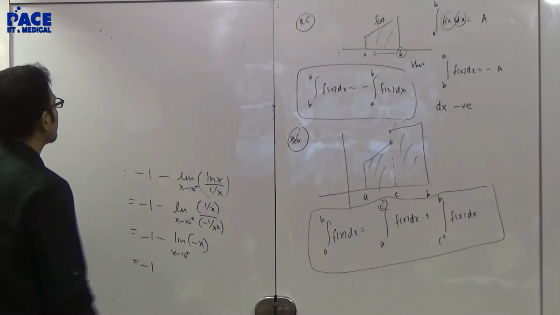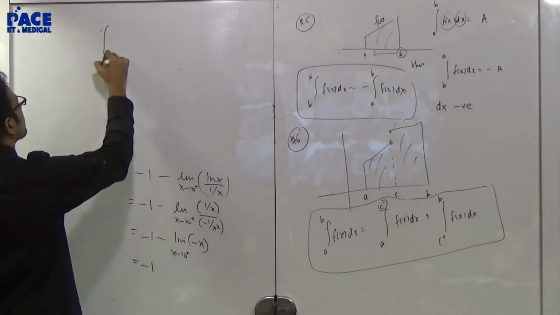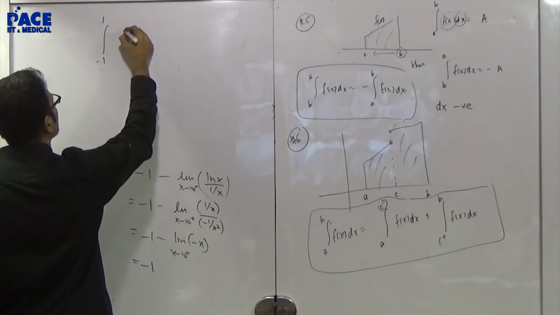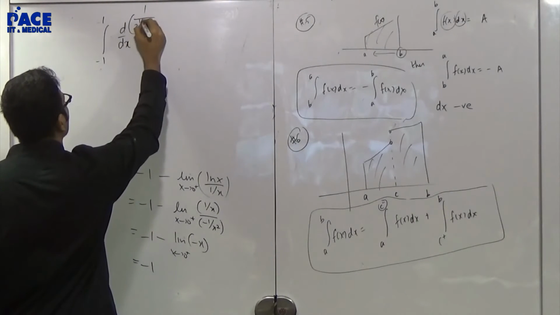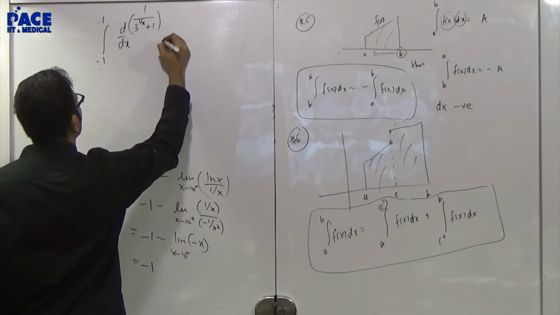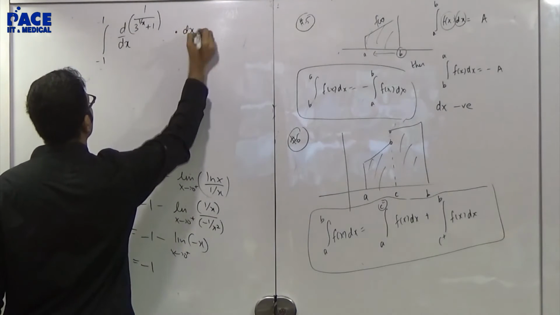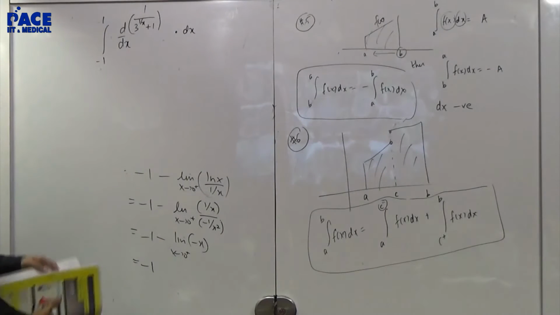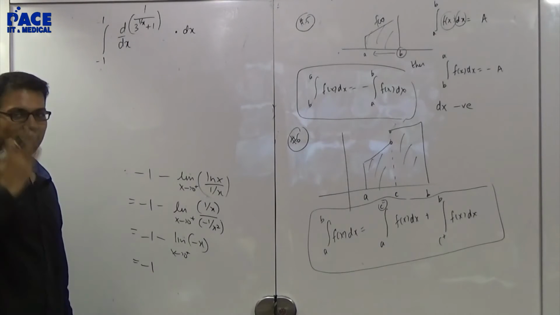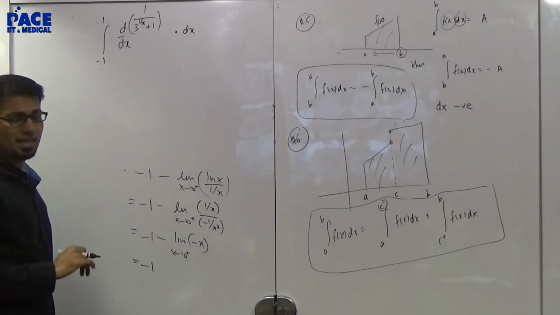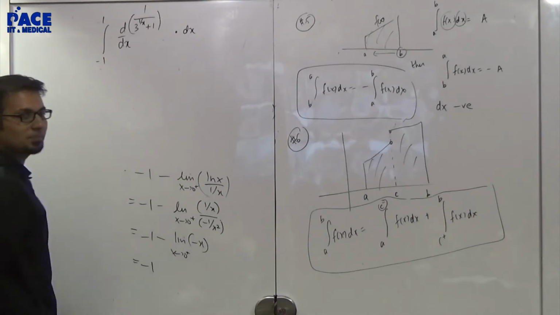Now, suppose you have something like this. Suppose you have to integrate something like this. Now, suppose you do it like the normal way. Okay, हम करते जाएं. अच्छा dx कट गया है.